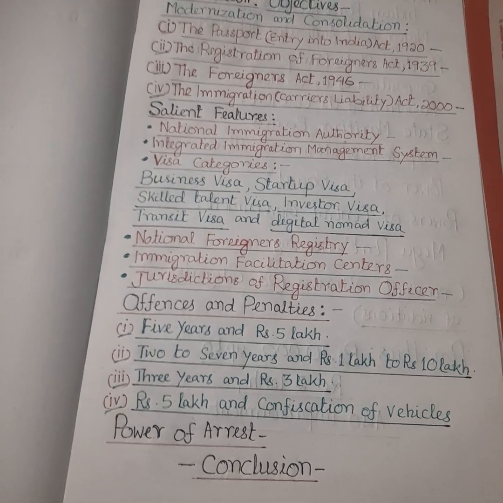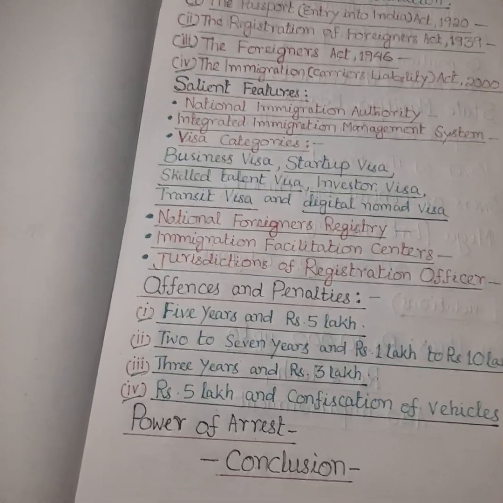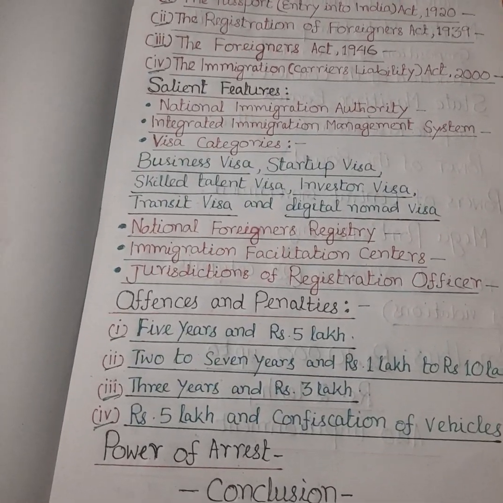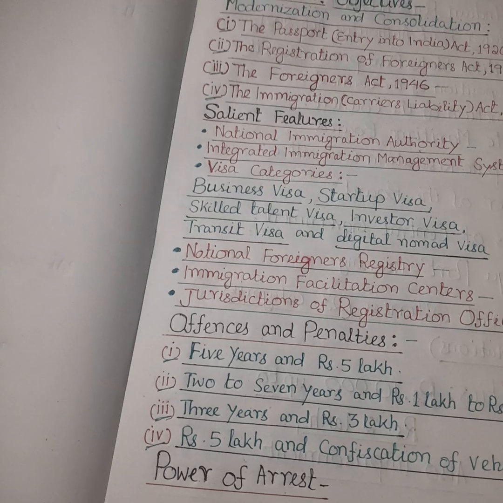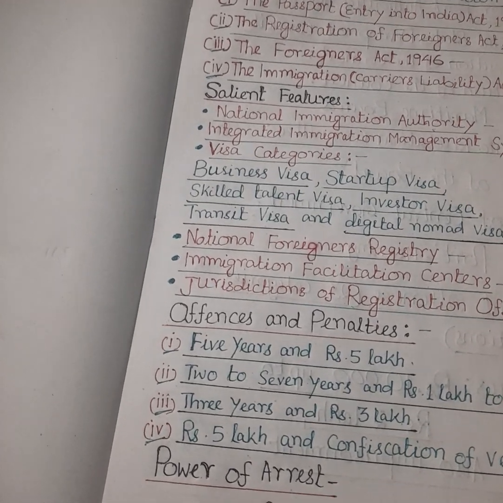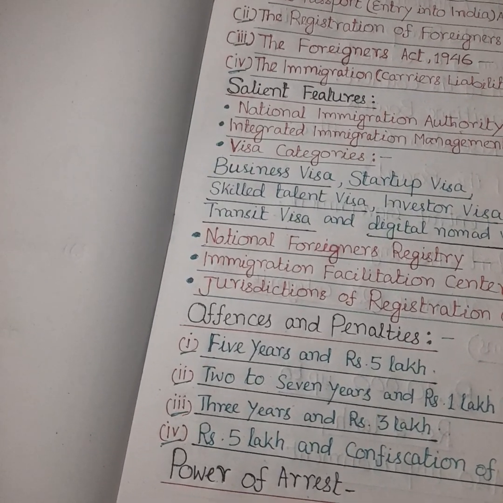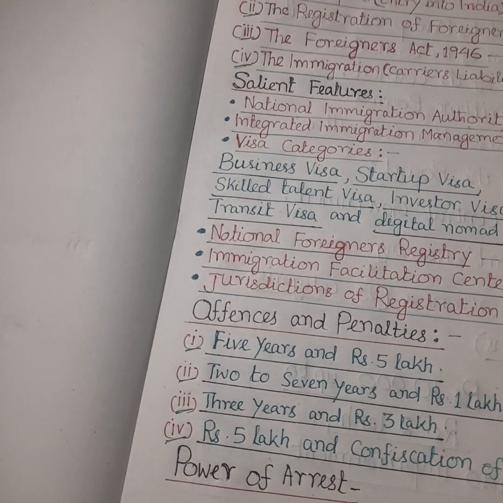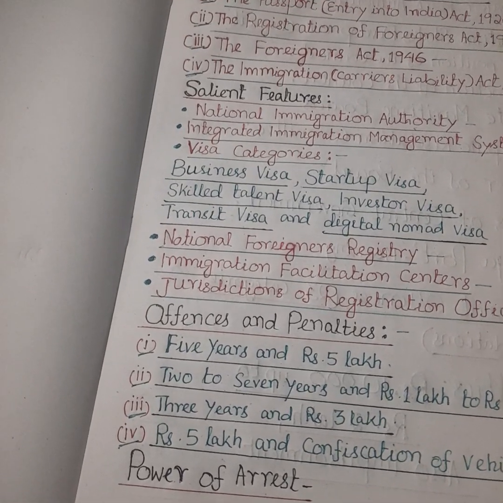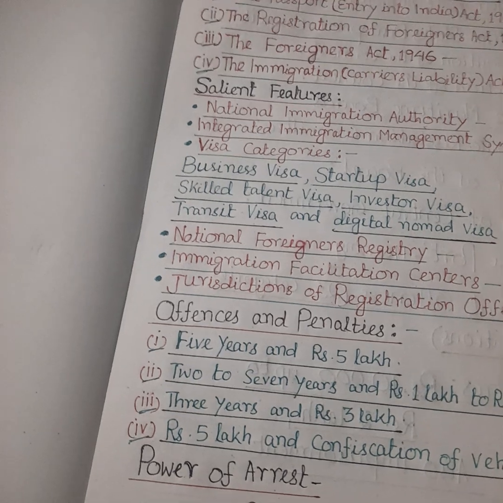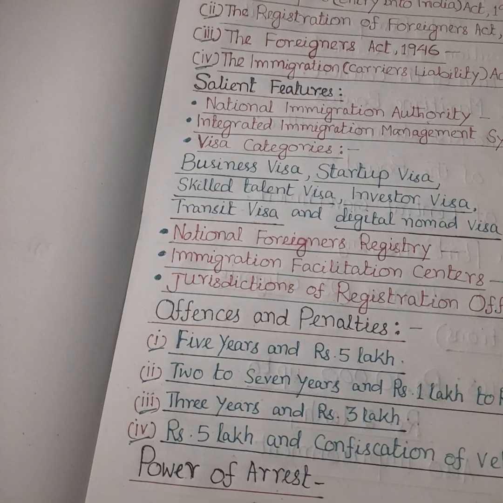So now we would like to discuss certain important provisions of the bill regarding offences committed under the bill and the penalties. All four acts that we have already discussed, the Passport (Entry into India) Act 1920, the Registration of Foreigners Act 1939, the Foreigners Act of 1946, and the Immigration (Carriers' Liability) Act 2000, provide for imposition of penalties upon contravention of various provisions.